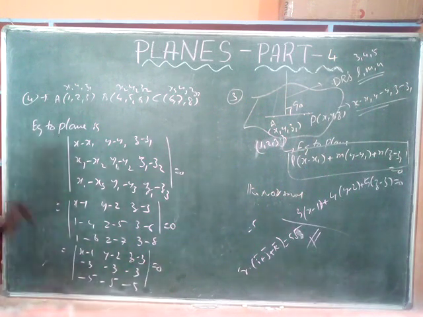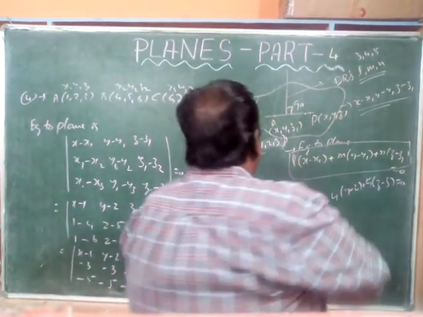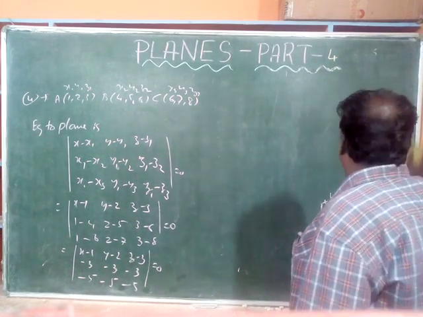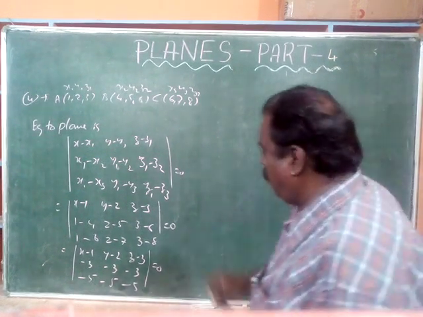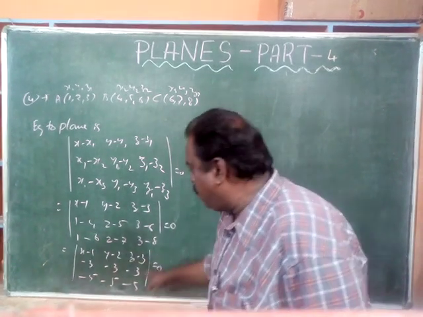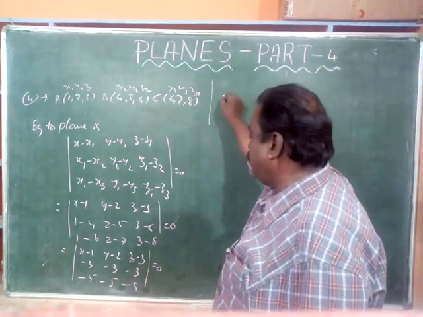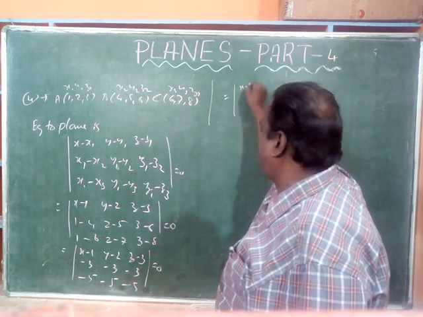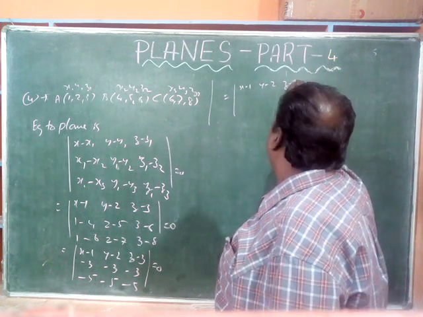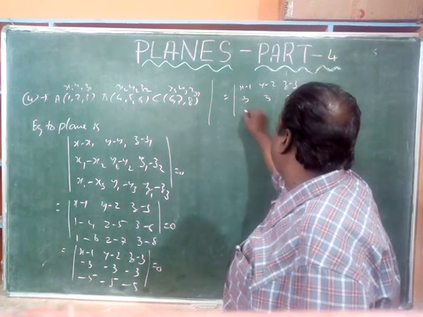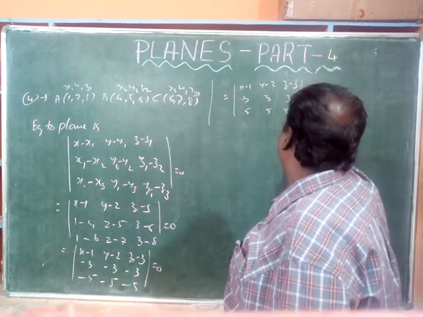Okay, now you see, minus is common in the first row, second row, and third row also. So it can be written again as x minus 1, y minus 2, z minus 3; 3, 3, 3; 5, 5, 5.